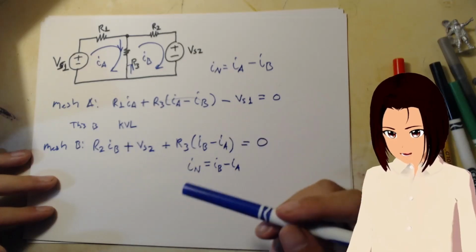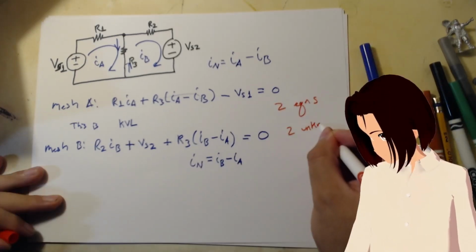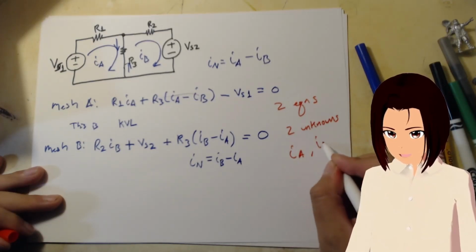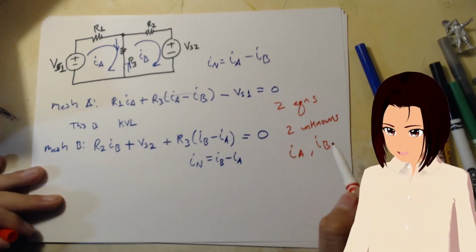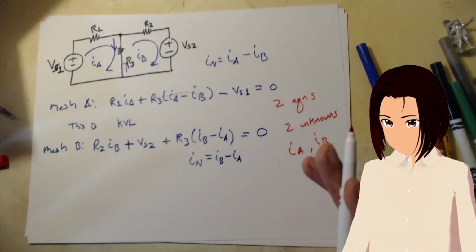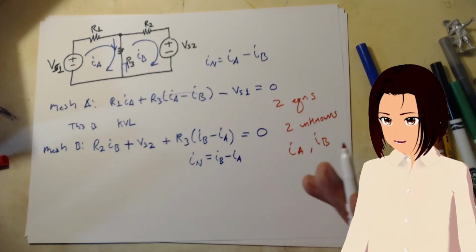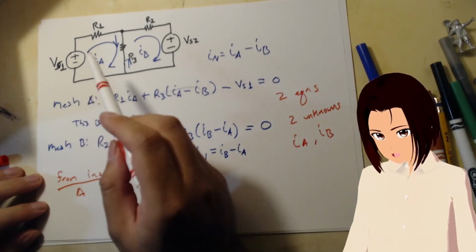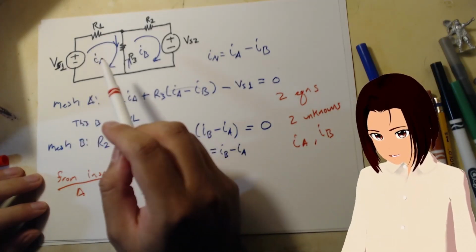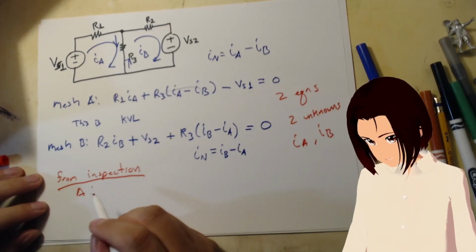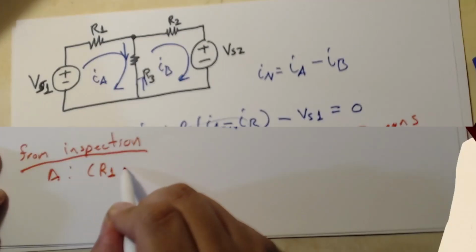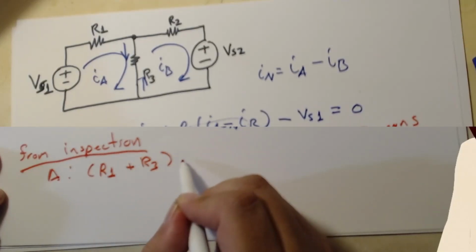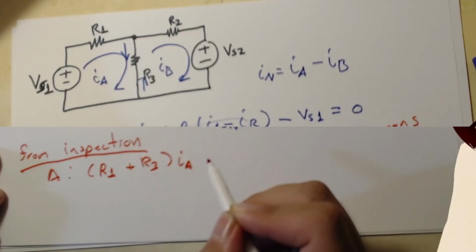So we have two equations and two unknowns, and the unknowns are IA and IB. One thing we can do is find the equations by inspection. Looking at mesh A, all the elements in the A mesh, we can just write resistor 1 plus resistor 3 times IA.